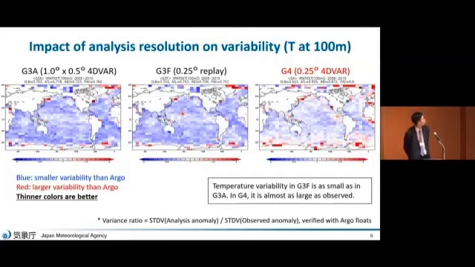And blue color means insufficient variability in the analysis. So the current system has insufficient variability almost everywhere, where blue is everywhere. And in the new system G4 on the right, we have much larger activity close to observation. So that is good news.